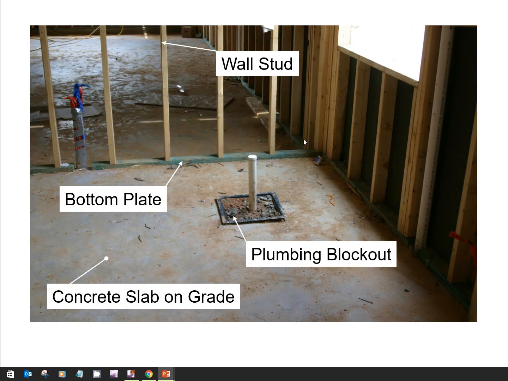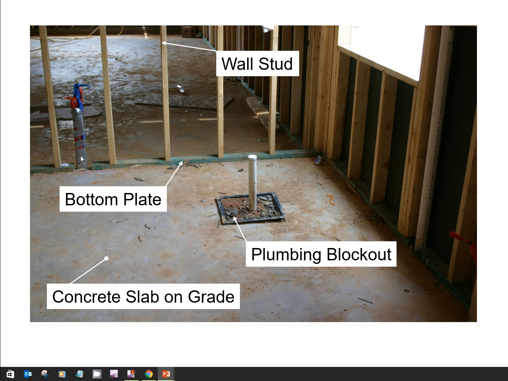And here's a kind of a bottom view. We've got a concrete floor. This is a plumbing block out because I can't remember what was going in here. I want to say probably a shower. I don't remember actually, but you block it out where the plumbing comes up in case they have to adjust it around a little bit.